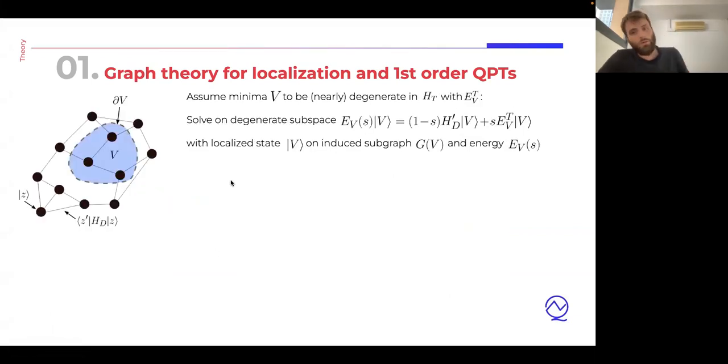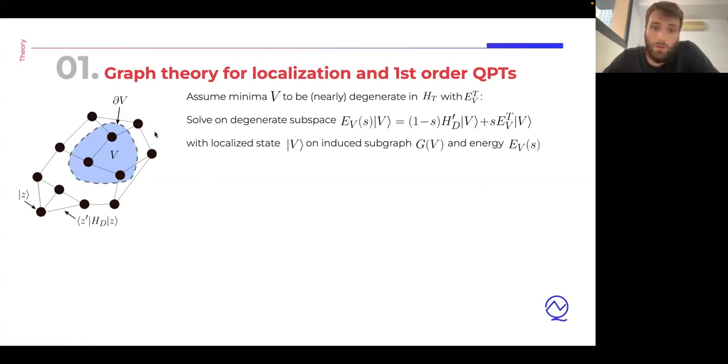So how do we go about analyzing this? Well, we interpret our configuration space as this graph, as indicated before. Each node in this graph will be a computational basis state, while each edge will correspond to an off-diagonal element, which in this case is contributed by the driver Hamiltonian.